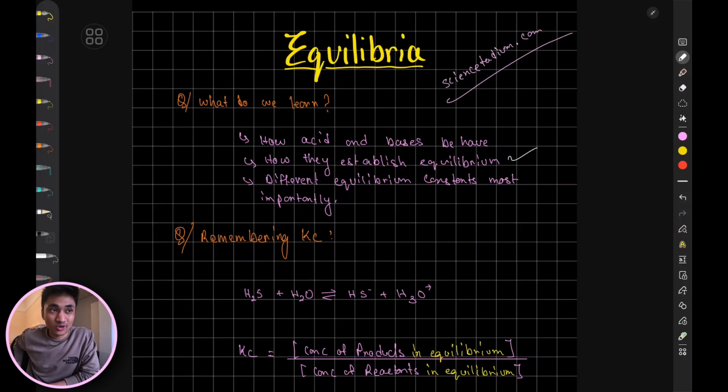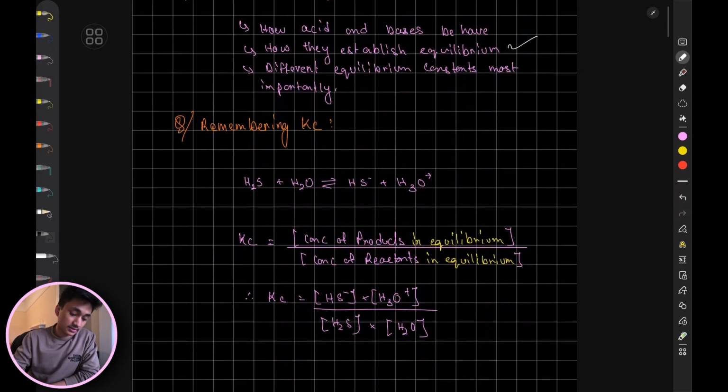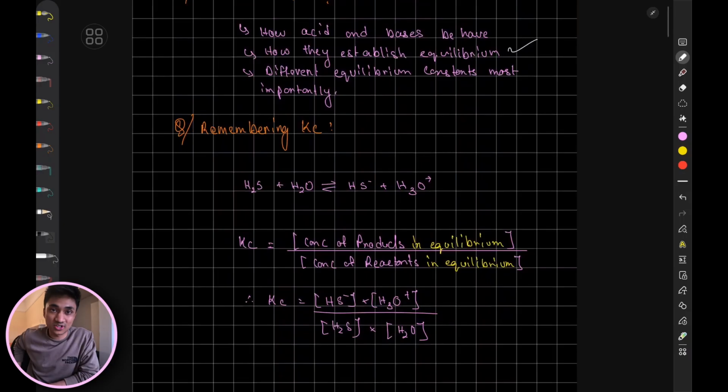How do we figure out what concentration of reactants exists and what concentration of products exists? Different equilibrium constants are going to be discovered through this entire chapter, and these equilibrium constants will help you determine the concentrations of products and reactants, or acids and bases, that exist in the entire solution. That is what we want to do: figure out concentrations using concentration constants.